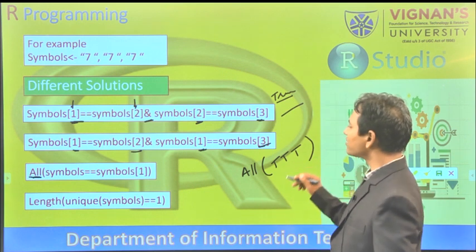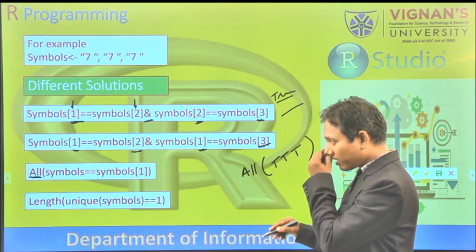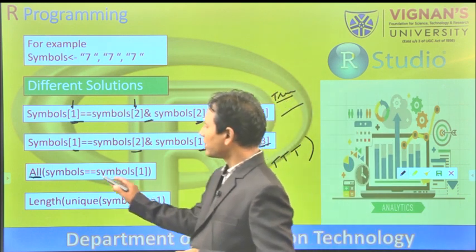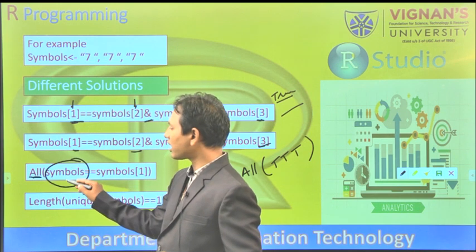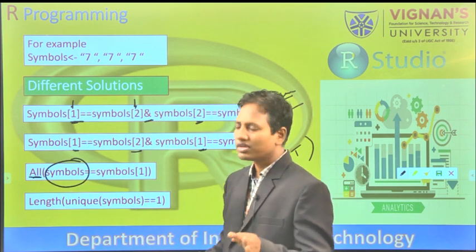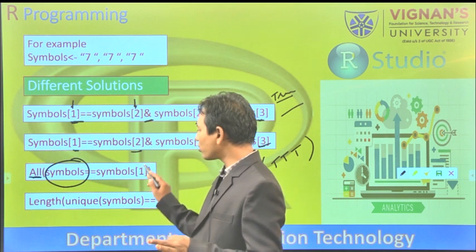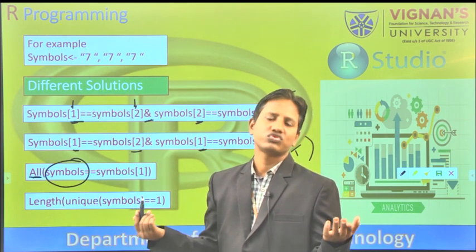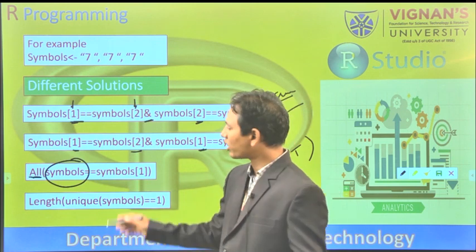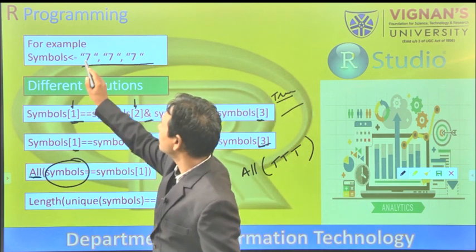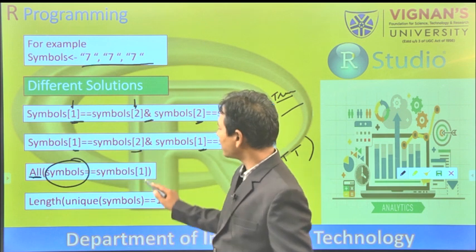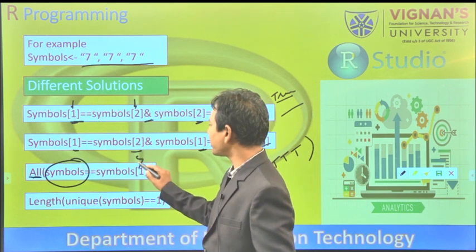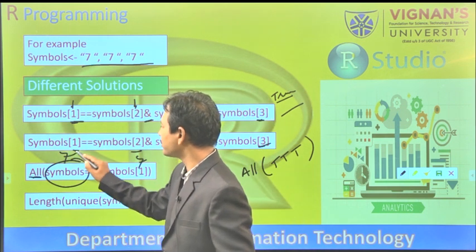Here, I am going to consider the 3 symbols. If these 3 symbols are double equal to the first symbol, then it's true. See this example: these are the symbols, and symbol 1 is going to be 7, and here the symbols are 7, 7, 7.